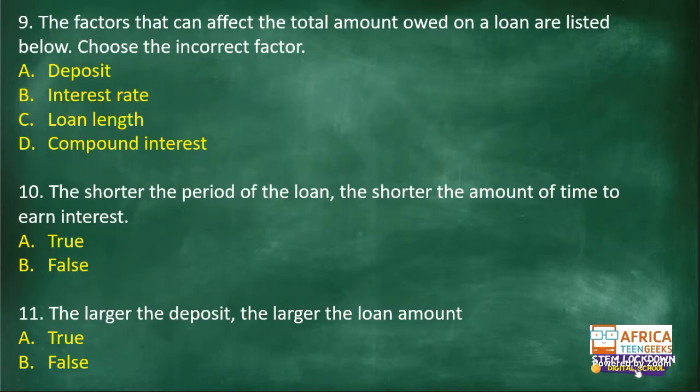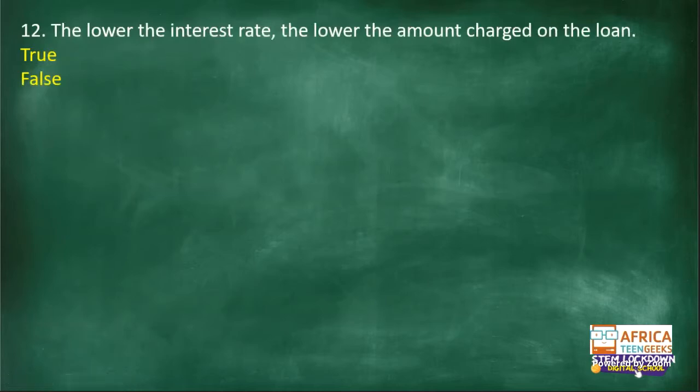Right, and then of course, that was it as far as that concern is raised. The lower the interest rate, the lower the amount charged on the loan. So now we're talking about the interest rate. If the interest rate is low, then the amount charged on the loan will also be low.